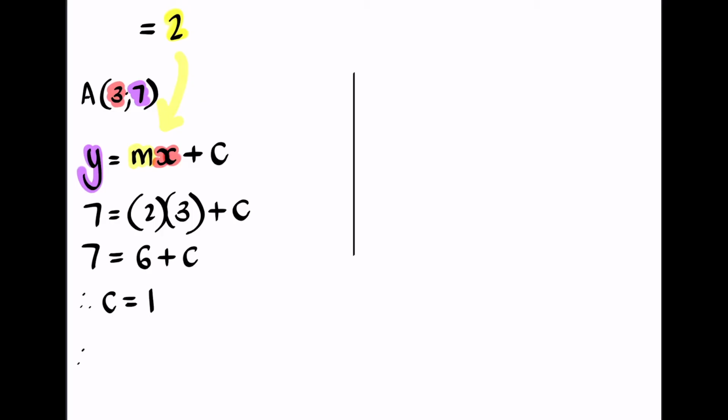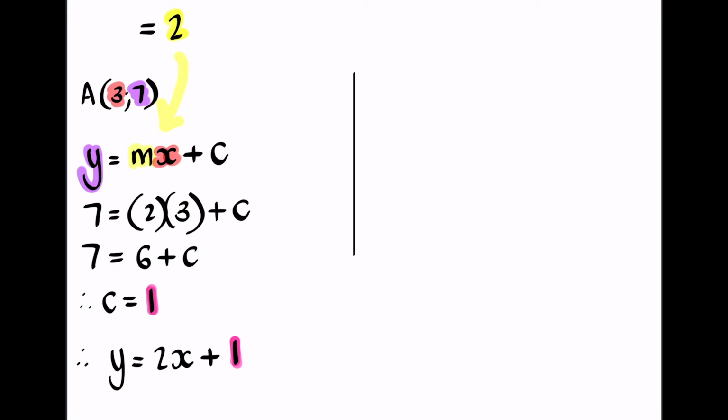So y is equal to mx plus c, where c is 1. So for the formula y equals mx plus c, we have to determine m, determine c, and then put them into the formula. So now we have the equation of this straight line being y is equal to 2x plus 1.